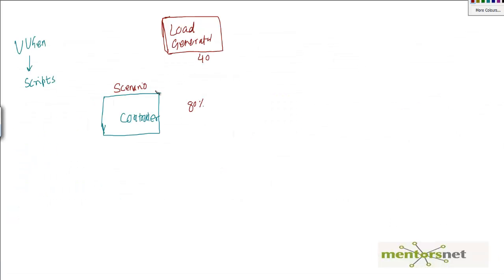So how do we solve this? LoadRunner lets you add more load generators. This is localhost. If you have other machines available, you can install the required software there and add multiple load generators: LG1, LG2, LG3.